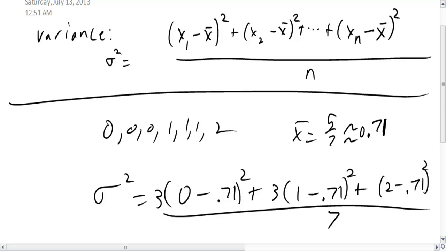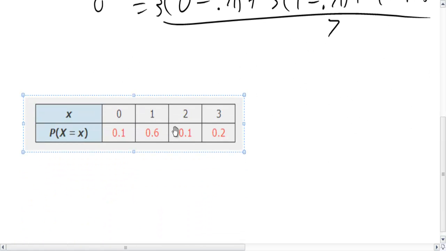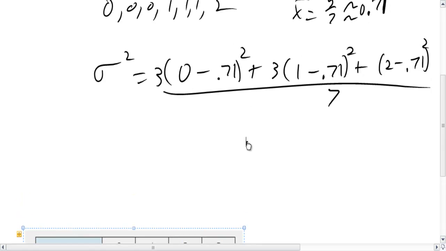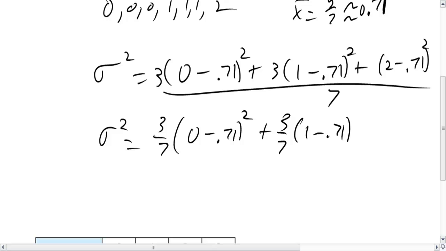What you should be seeing on the next problem that looks something like this is that they don't give you the individual data values. They just say 0 happens 10% of the time, 1 happens 60% of the time. Well, if you were to take this variance problem and think of it as little individual fractions, this would be 3/7 of 0 minus 0.71 squared, this would be 3/7 of 1 minus 0.71 squared, and so on.